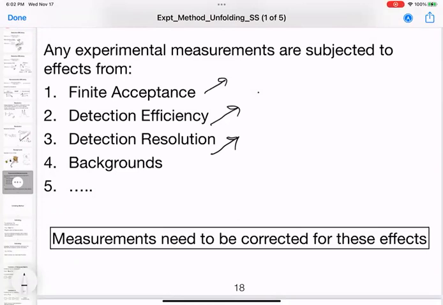And there's also the effect from the backgrounds, and background contributions can be different depending on the analysis. So in real life, we need to correct for these effects. And in the second part of my talk, I'll discuss how we can correct these experimental effects using a method that is called unfolding.